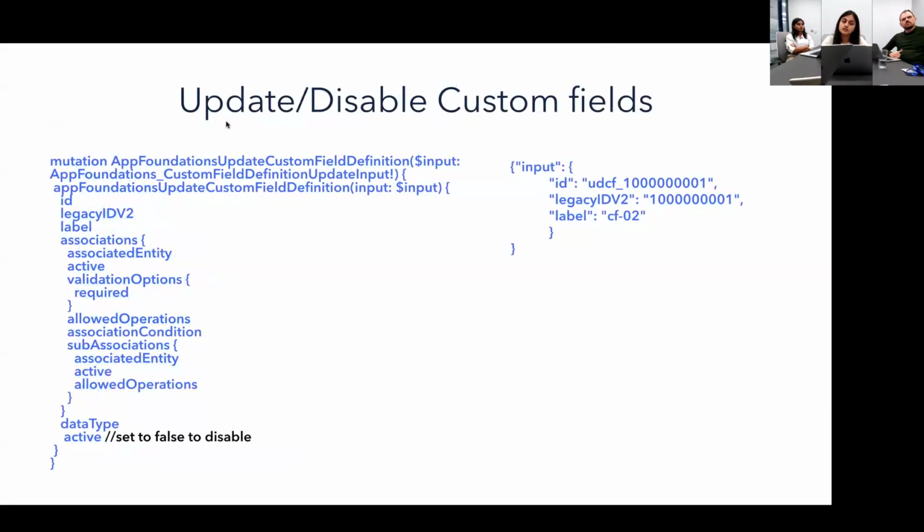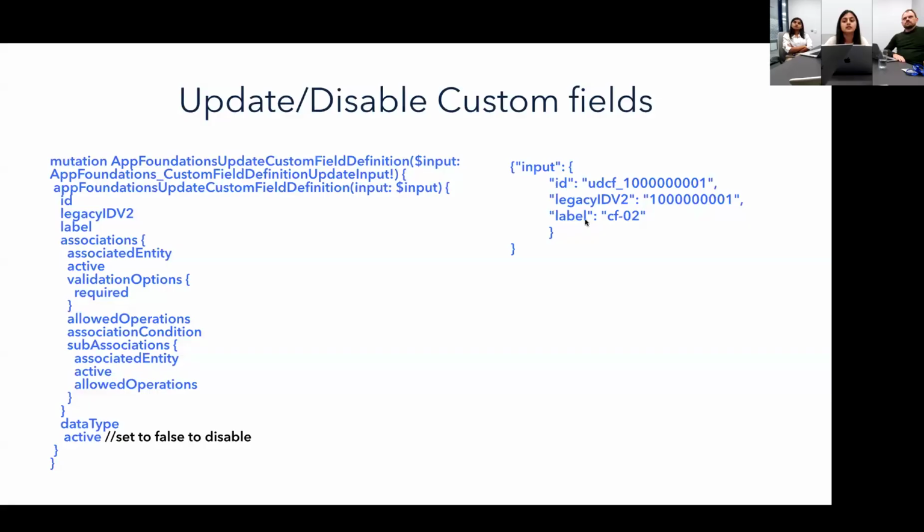The other operation that is available is update. This is also a mutation, which is appFoundationsUpdateCustomFieldDefinition. Here we have the fields that are being passed. For a mutation to update a custom field, the required attributes are the ID and the legacy ID v2. Along with that, I would suggest you pass the attribute that you want to update.